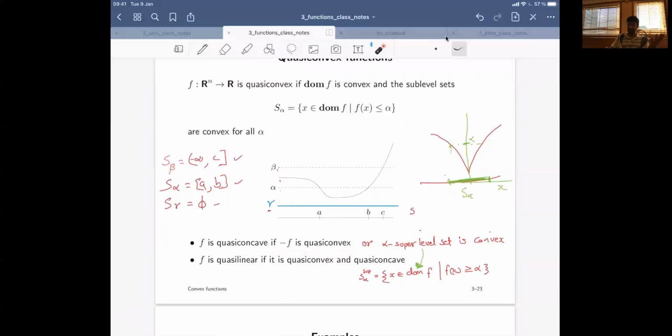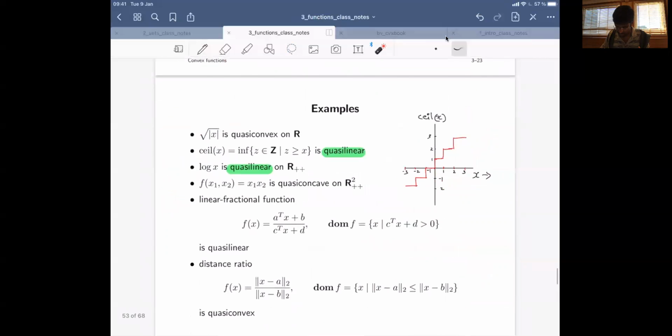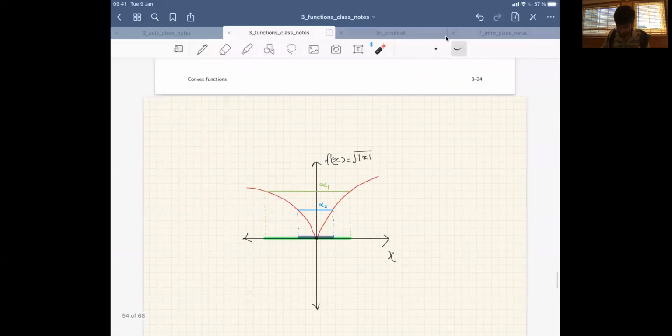Or we can also use the alpha super level set. What will be the super level set? For example, sublevel set: you take any alpha, as alpha 1, okay? Sublevel set corresponding to alpha 1 will be all the values of argument where the function takes value less than alpha 1.